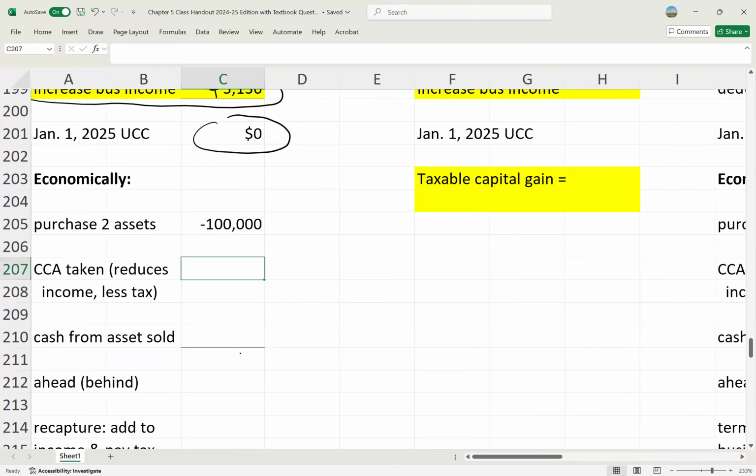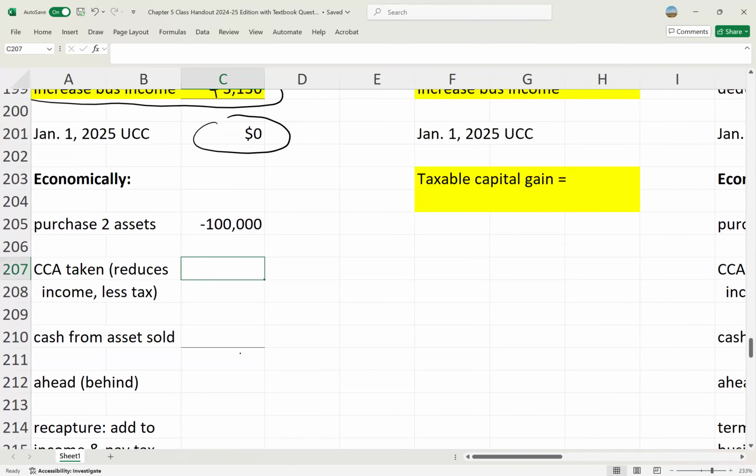That's a good thing. So we're going to put that as a positive amount, positive cash flow, because that's going to reduce our income, so we pay less tax. That's a positive amount for us. When the one asset was sold, we received 40,000. Once again, that is a positive amount for us.